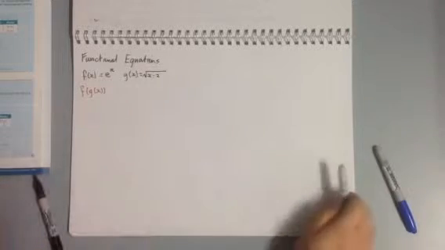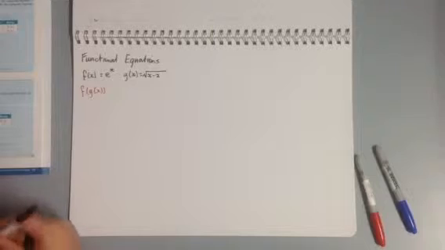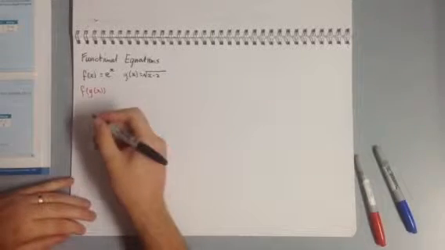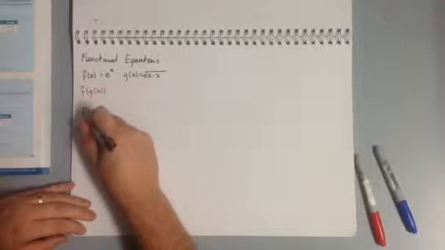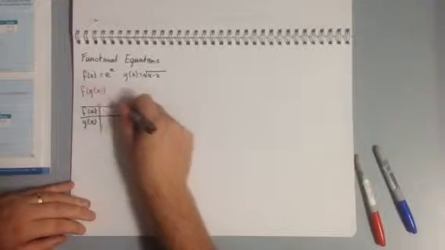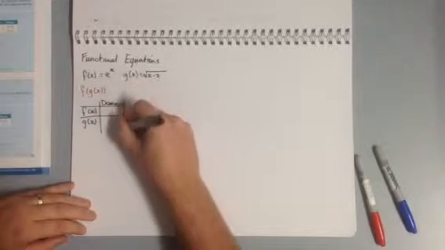Okay, so what we need to do is think, okay, let's make a table just to keep these things a little bit more organised. So what we usually do is do something like this. We say, well, here's f of x, here's g of x. And then put in our domain and our range.